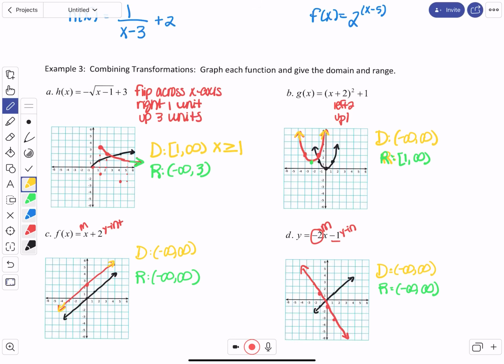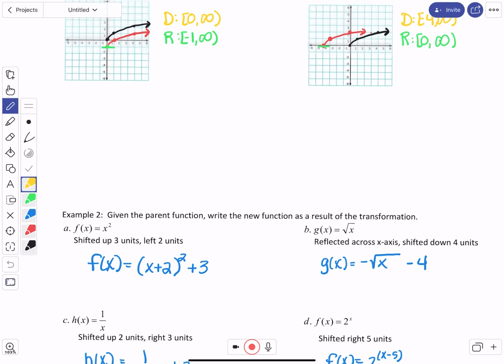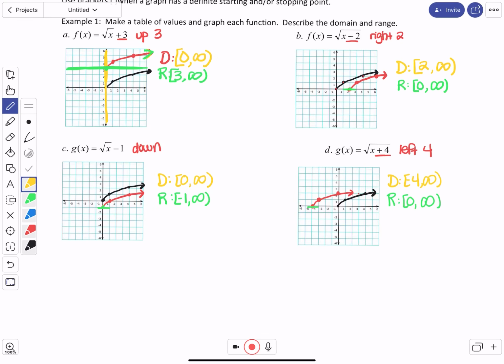So to be greater than or equal to, it's a bracket. If it's a parentheses, it's just greater than. Okay? If we go back to, so here, x is greater than or equal to 0. On D, x is greater than or equal to -4. On this one, x is greater than or equal to 2. On this one, x is greater than or equal to 0. So you could see some inequalities as well.